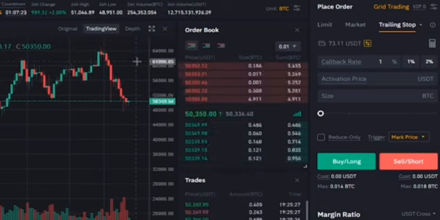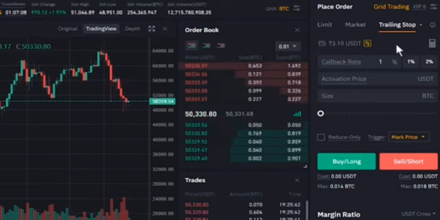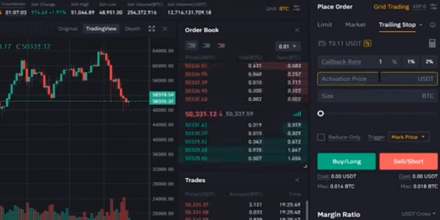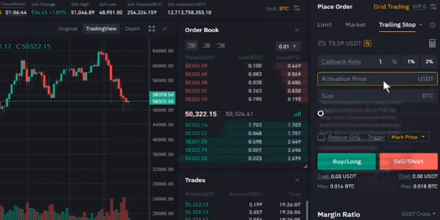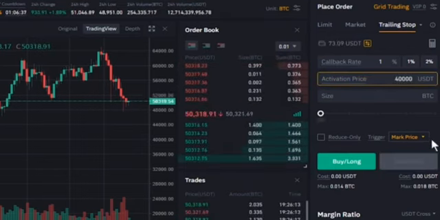So you want to lock in your profits from that point and get the most out of that movement by using a trailing stop. So here you set the activation price higher than the current price of the market. If you remember, you can't set it lower for placing a short position. For example, for 40,000, as you can see, the sell short button is not active.